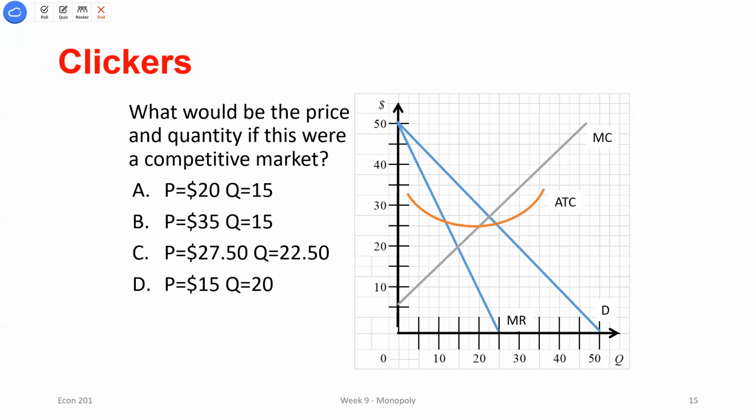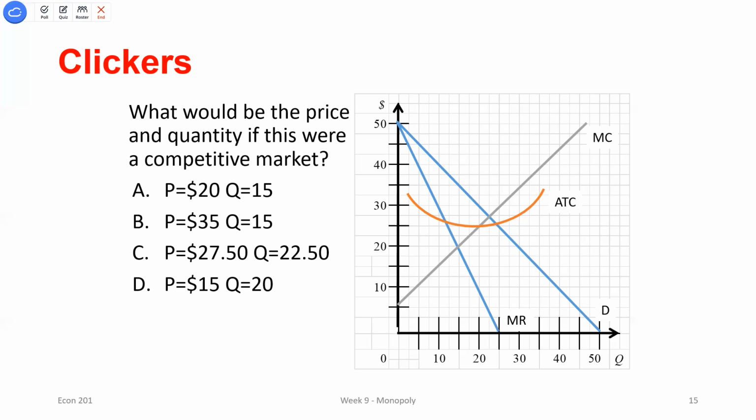If this was a perfectly competitive market, what should the equilibrium quantity and price we see in that market be? If I'm in a perfectly competitive market, I know that equilibrium quantity and price should be wherever supply intersects demand. Now I don't have a supply curve up here, but what would represent supply in this graph? Someone said it.